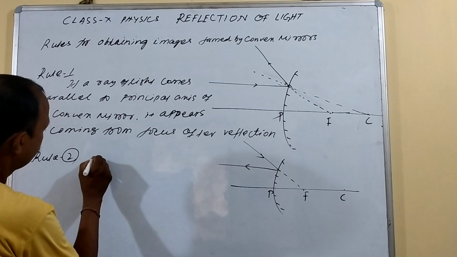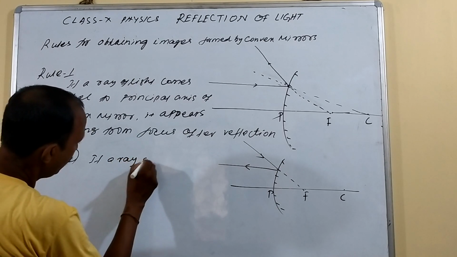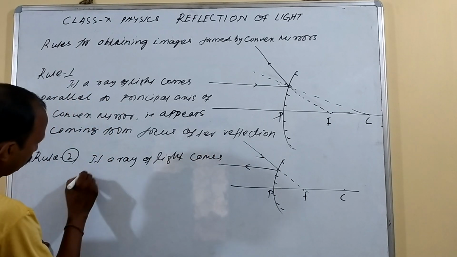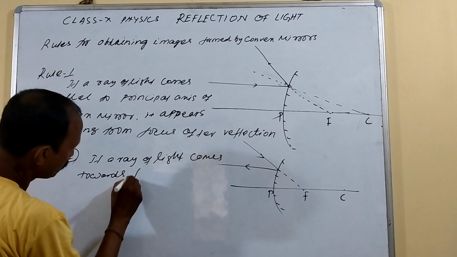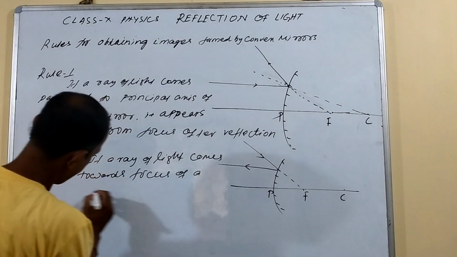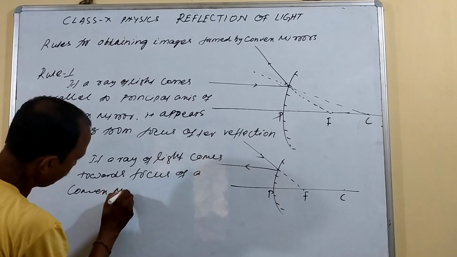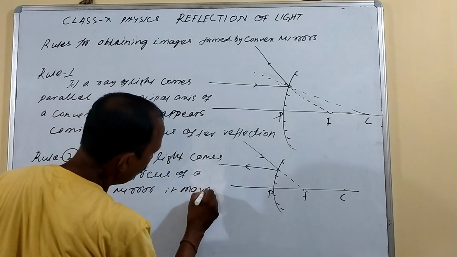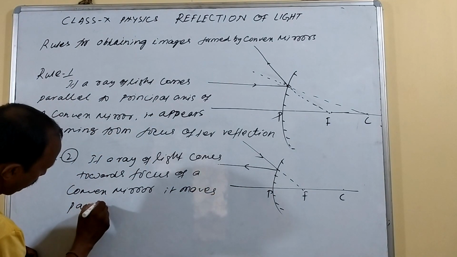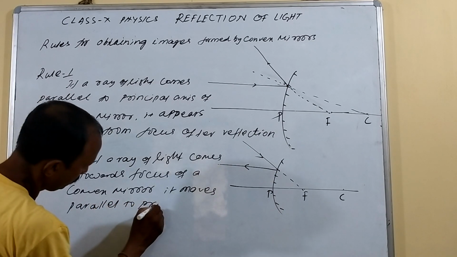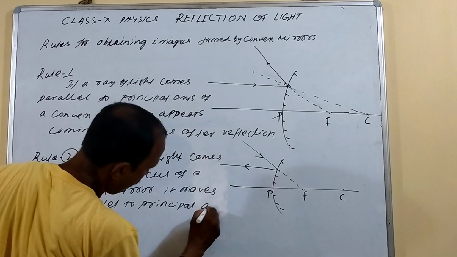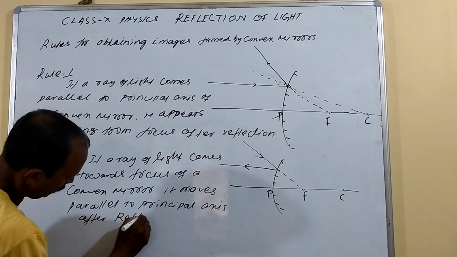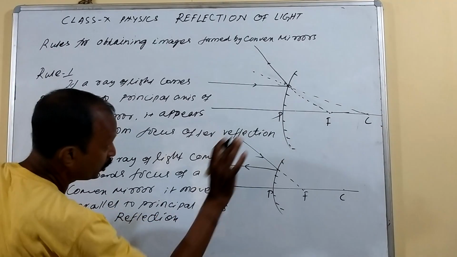So I can say that if a ray of light comes towards the focus of a convex mirror, it moves parallel to the principal axis after reflection, just opposite to the previous case.